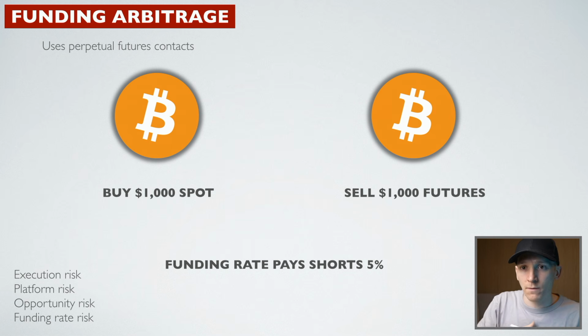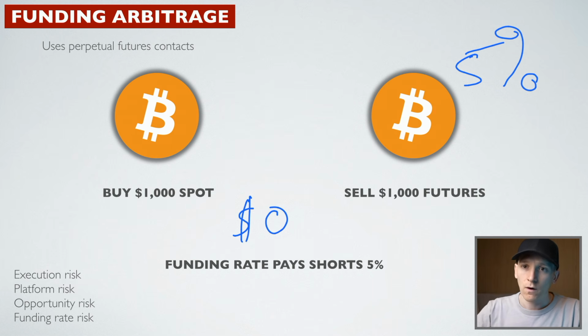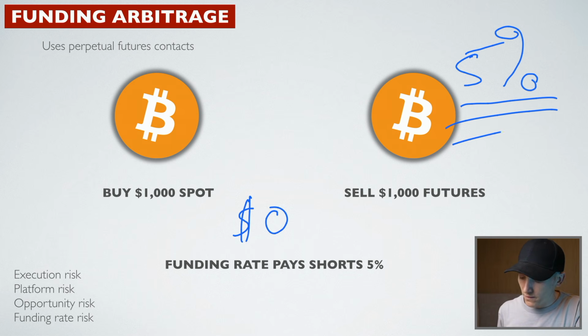Most of the time in crypto, it is paid by longs and received by shorts. So you have a position of no Bitcoin in the market, but the futures side should pay you some percent on the funding rate for your short position. So what you're doing is creating delta neutral, no market risk, and just creaming off whatever the funding may be. There are risks here.